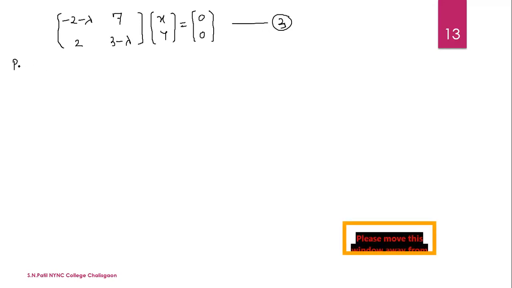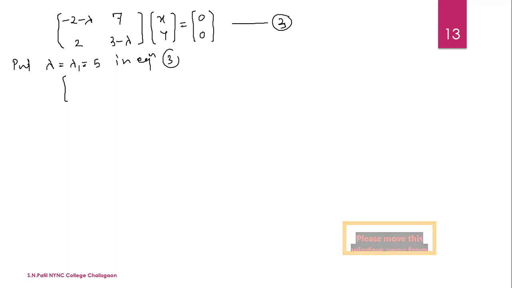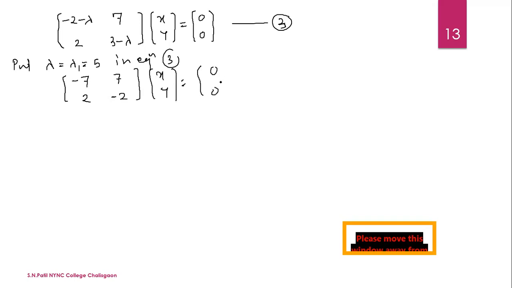Put lambda equal to the first eigenvalue, lambda is equal to 5, in equation number 3. Substituting 5, we get minus 2 minus 5, that is minus 7, then 7, then 2, and 3 minus 5, that is minus 2, into x, y is equal to 0, 0.